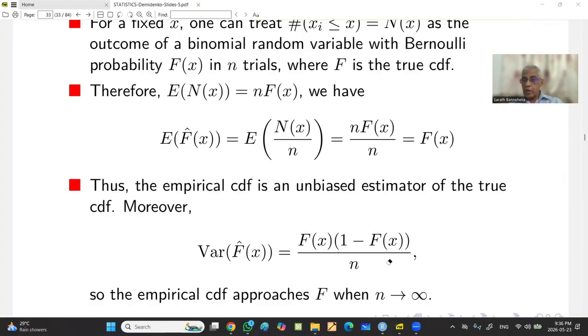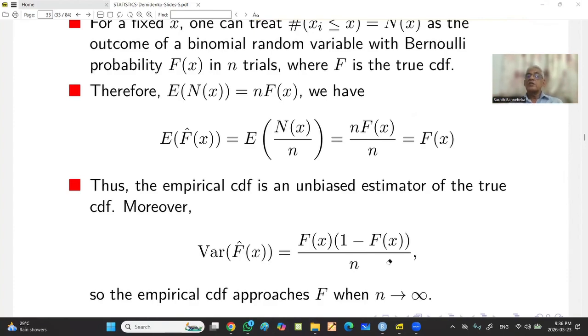Why? Because variance gives you an idea about how far away your estimate can be from the actual parameter that you want to estimate. It gives you a measure of the error of your estimate. If the variance decreases as n increases, that means your estimate is going to have a small error with a high probability.